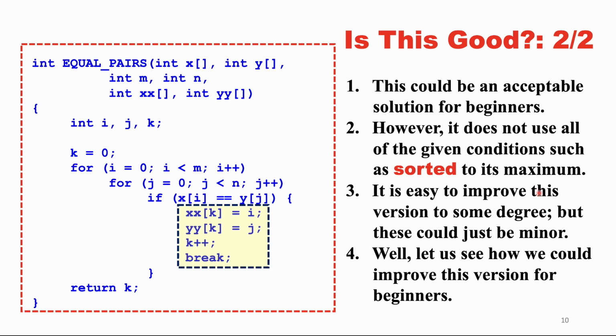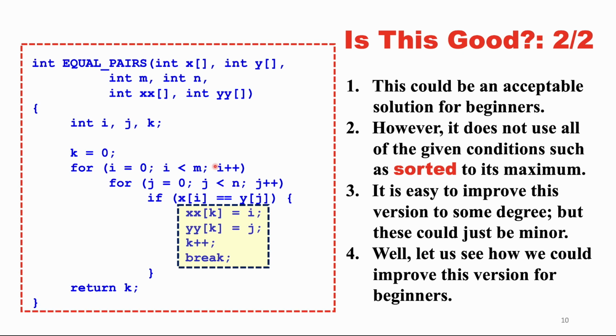However, it does not use all the given conditions, such as sortedness, to its maximum. We only used the sorted condition to break out. We did not do anything for the sorted array X. If we do not use all the given conditions, our program may not be very efficient.